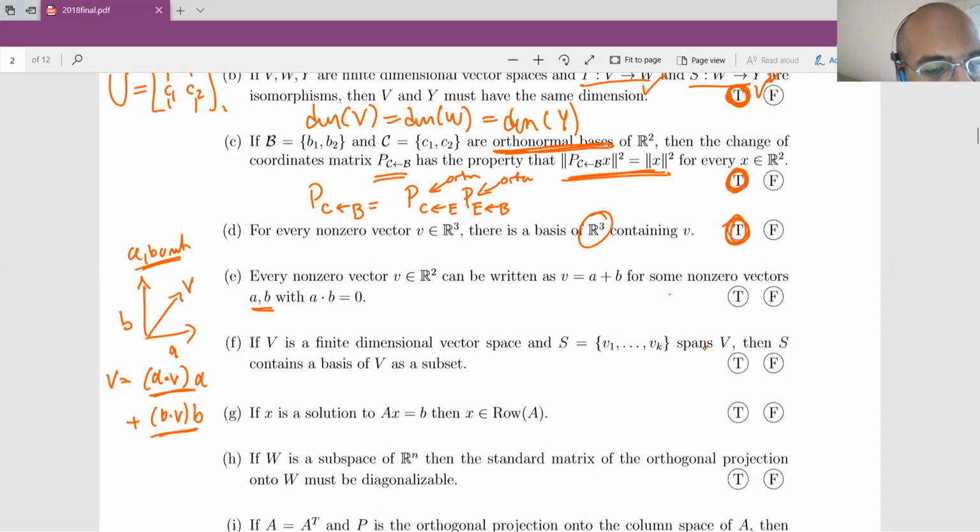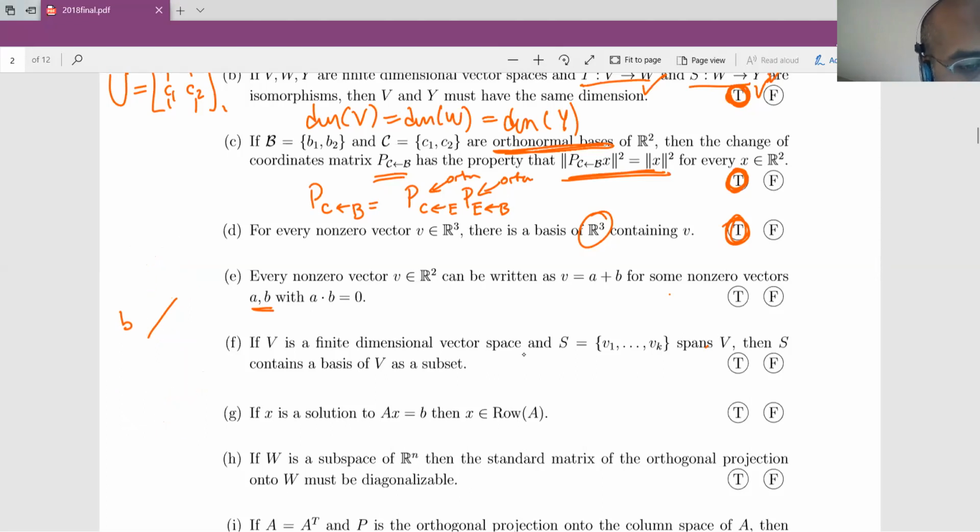So yeah, now we're getting to something. This is true for any vector except A and B itself. Why can't you just choose another basis? Exactly. That's the solution, right? So this is true. If you give me a V, I'm going to choose an orthonormal basis where neither vector is parallel to V. So I'm going to choose some A here and B here.